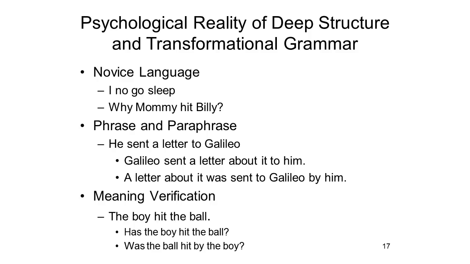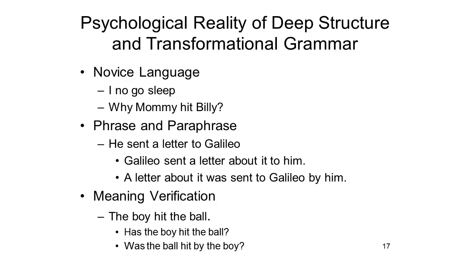Subjects who have seen a sentence like, "He sent a letter to Galileo," don't falsely recognize Galileo sent a letter about it to him. But phrasings that represent the same proposition, albeit with a different attitude, do tend to be falsely recognized. So subjects will falsely remember having studied the sentence, "A letter about it was sent to Galileo by him." This kind of evidence indicates that memory encodes the gist of the sentence, its kernel of meaning, rather than the details of its surface structure.